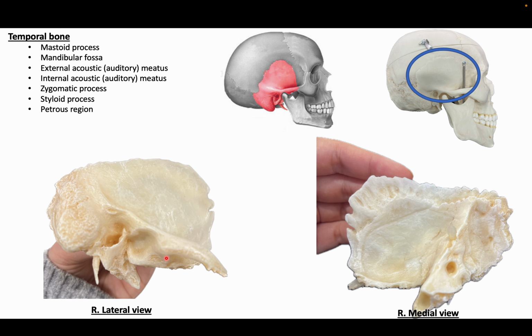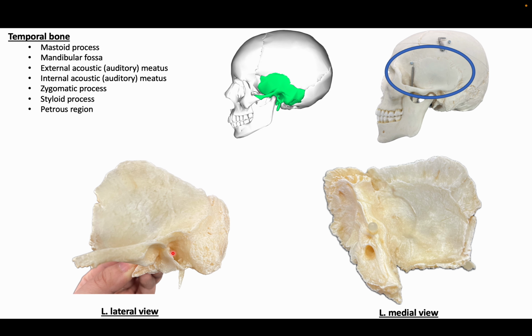How you can differentiate between right and left is go ahead and find where the zygomatic process of the temporal bone is at. This right here is the zygomatic process of the temporal bone. Whenever the zygomatic process is pointing to the right hand side, as you see here, this suggests to you that this is going to be the right temporal bone.